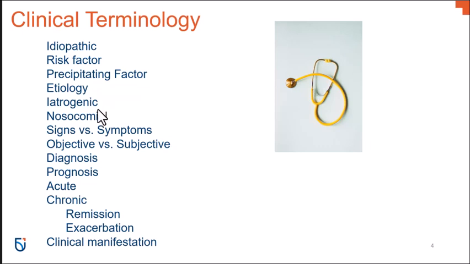Iatrogenic. A lot of students on tests, because these terms will be tested, will mix up iatrogenic and idiopathic. So just keep that in mind because I've seen that trend in the past. Iatrogenic refers to the result of a medical treatment. Some condition occurs because of a medical treatment, something that maybe wouldn't have happened otherwise.